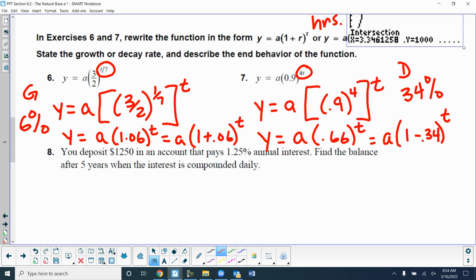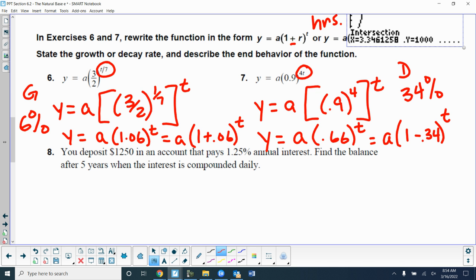So that one's got an extra step here. When it's more than 1, it's just 1 plus whatever was after the decimal point. Here you're going to have to subtract 0.66 from 1 to get that 0.34. So you can write 1 minus 0.34 in that type of problem, because it asked us to write it as 1 plus or minus r to the t power. Okay? Does it make sense? So the decay ones, you have to think a little bit more.